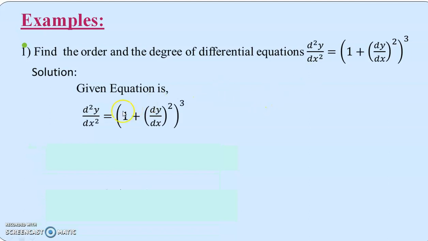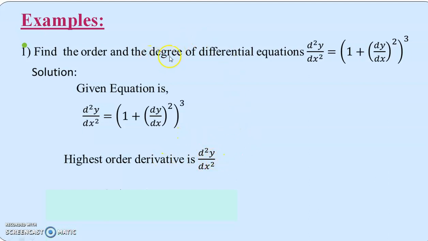In this equation there are two derivatives, dy by dx and d2y by dx square. This d2y by dx square means the second order derivative and this dy by dx means the first order derivative. So the highest order derivative is obviously d2y by dx square. So the order of this differential equation is 2.